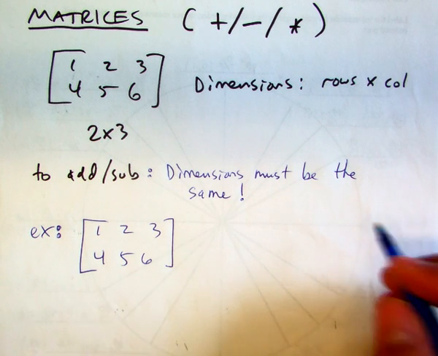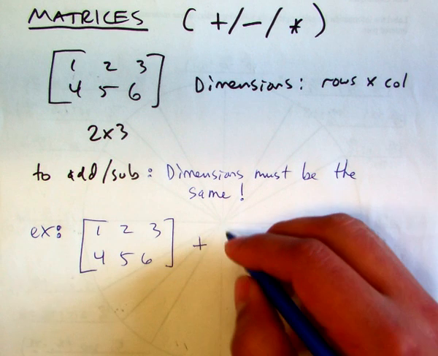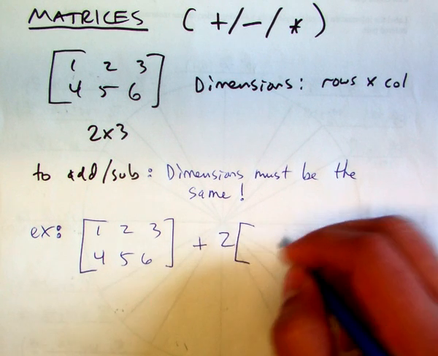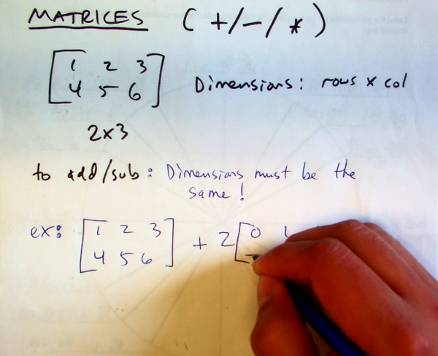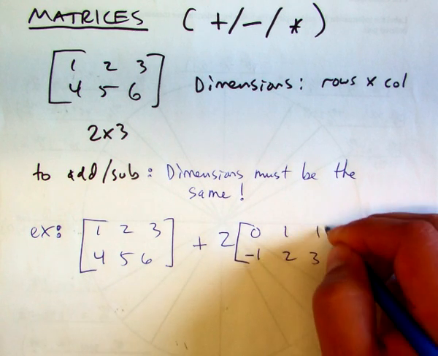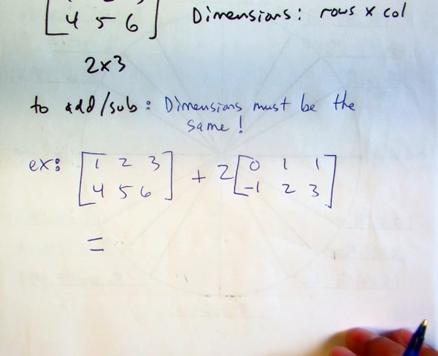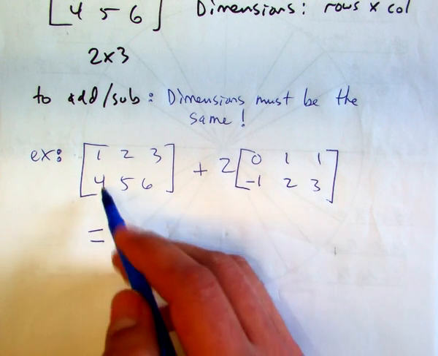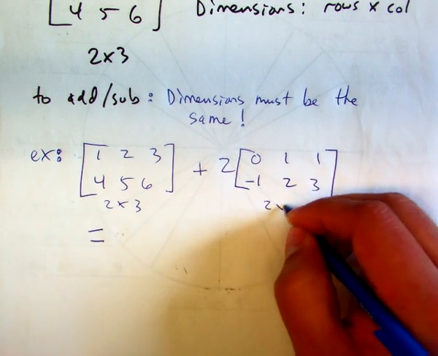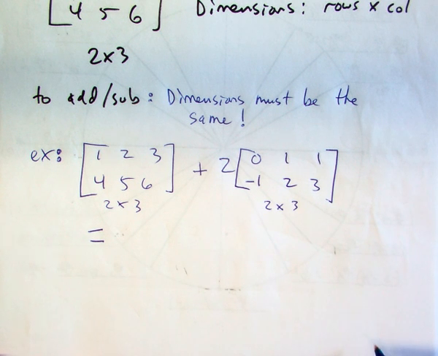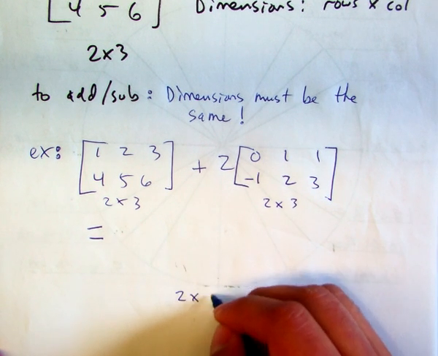And let's say we were going to add double of 0, 1, 1, negative 1, 2, 3. If this is a 2 by 3, and this is a 2 by 3, then our answer is going to be a 2 by 3. It's going to be the same.